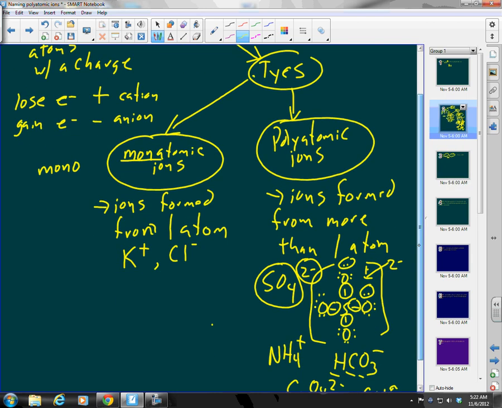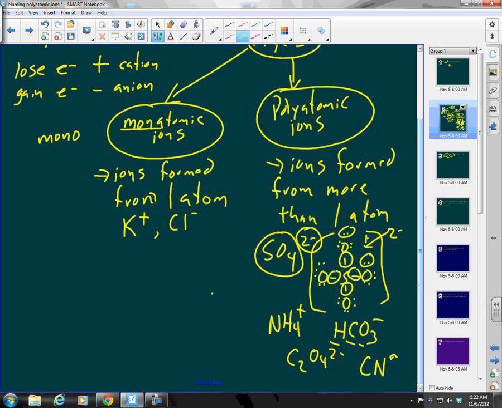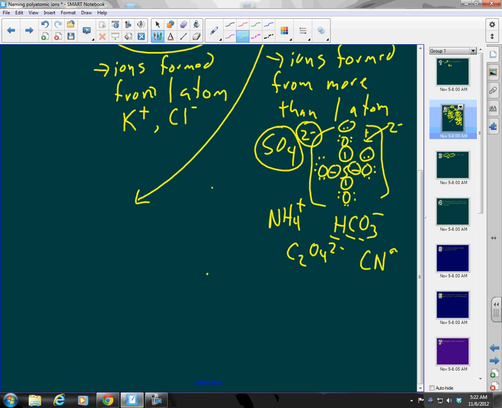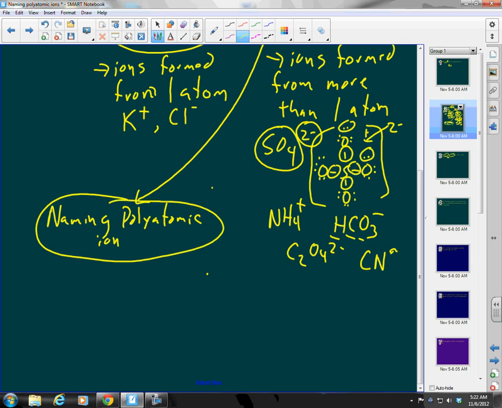Here we go. So let's take our polyatomics, and I'm going to come down here, and we're going to talk about naming polyatomic ions. Okay, I've got bad news for you here. How do we name them?